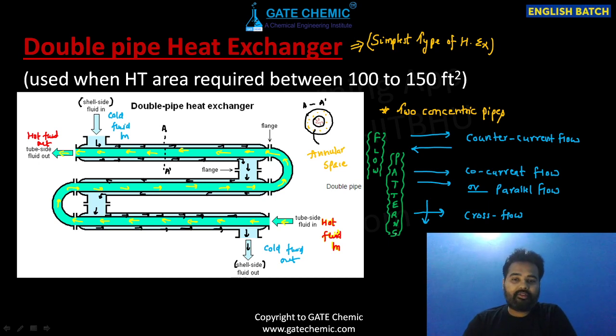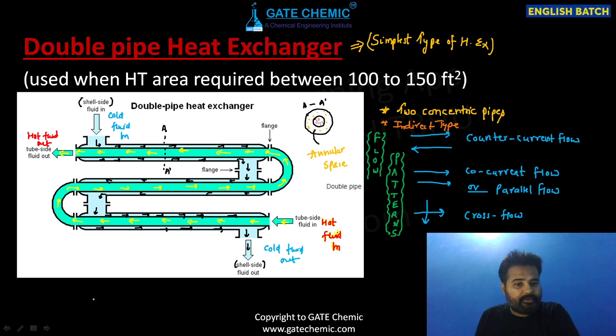Now, one very important thing, beta. Generally, if you are going along with standard, one thing is crystal clear here, that here are two concentric pipes, and these are indirect type heat exchangers.